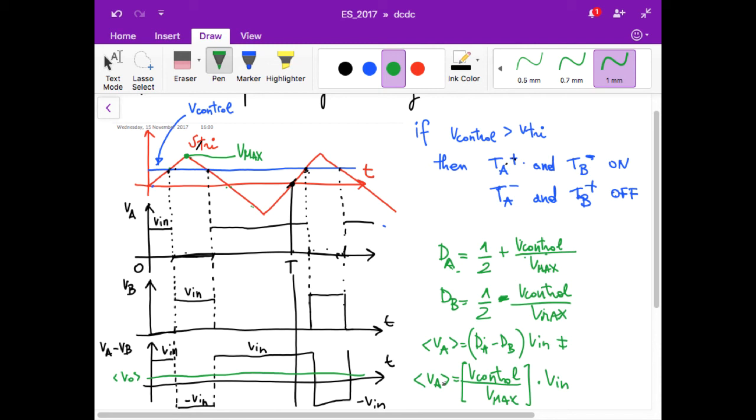Now, to complete the reasoning on this point, there are a couple of things that are important. Why I've shown you this plot? Because this is easy to draw, but in practice, in a typical full bridge converter, this comparison of V control and V max is not something that you do with analog signals.